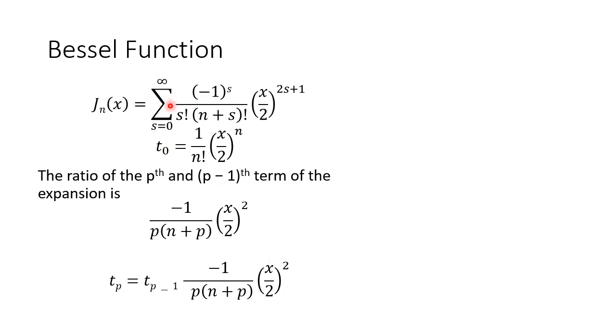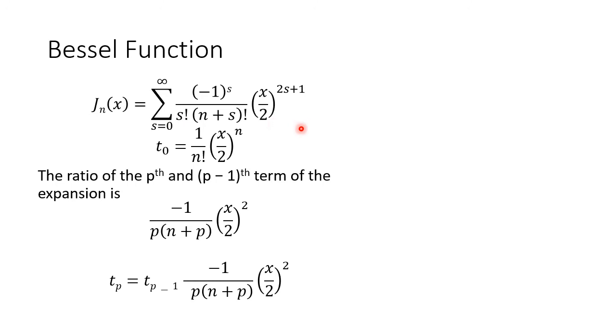Definitely you cannot find the exact value of Bessel function using this polynomial expansion, because this is an infinite sequence. You cannot consider all the terms, but the first few terms will be sufficient, and you will get the approximate Bessel function with the acceptable accuracy. So we'll use few terms only.